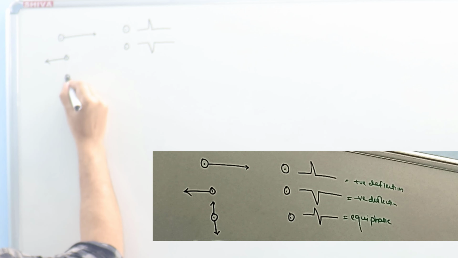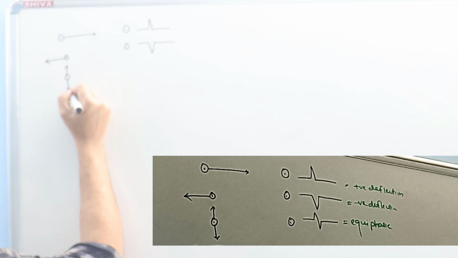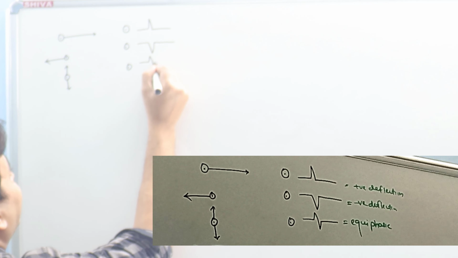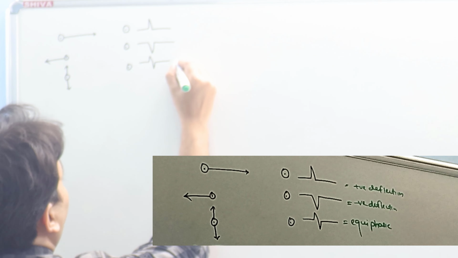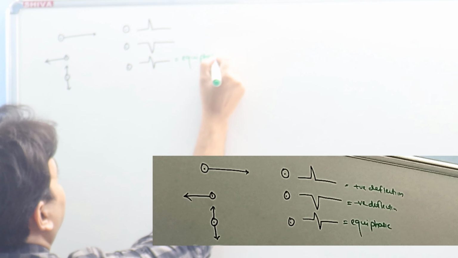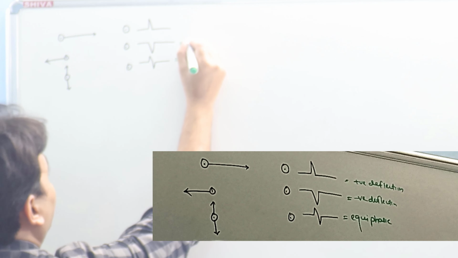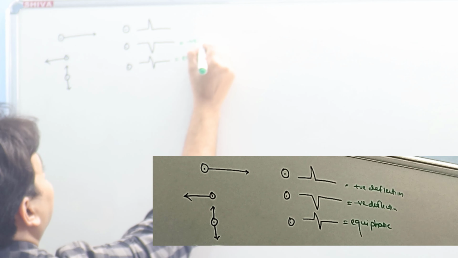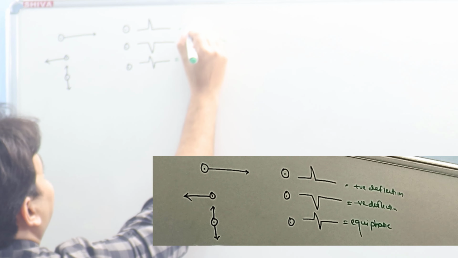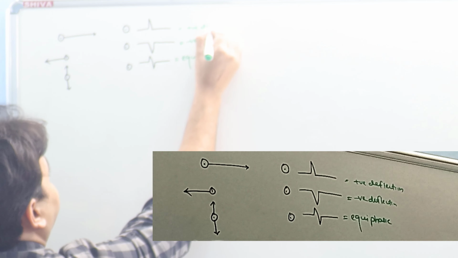If it travels perpendicular to the ECG lead, it will be called equiphasic. Away from the lead, negative deflection. Towards the lead, positive deflection.